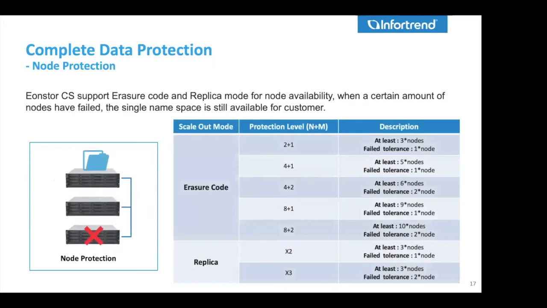Here's just a slide talking about a little bit of the guidance. I think what I just mentioned in the previous slide about the data protection, the various different erasure coding policies can be set: 2+1, 4+1, 4+2. So you can work out from here that the usable capacity depends on the amount of hard disks available, and on the erasure coding or the replica policy that's set when the systems are configured.